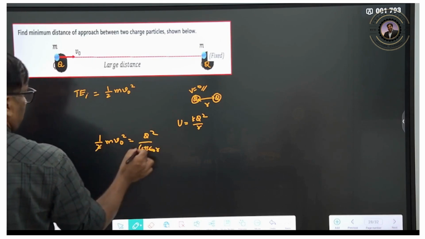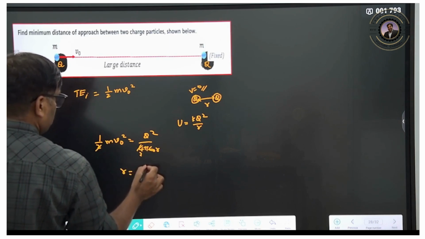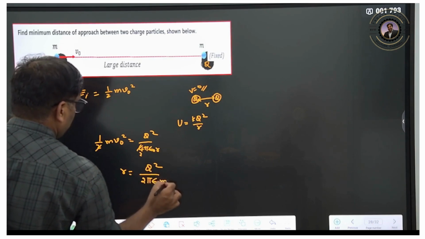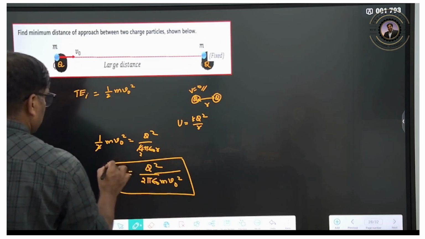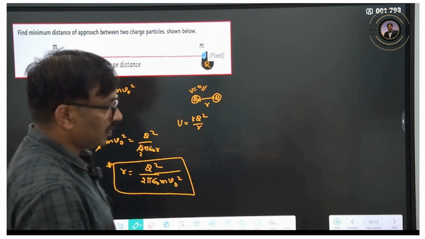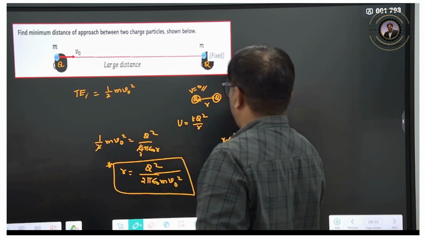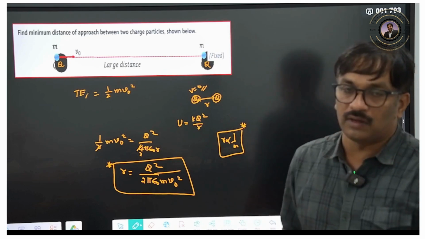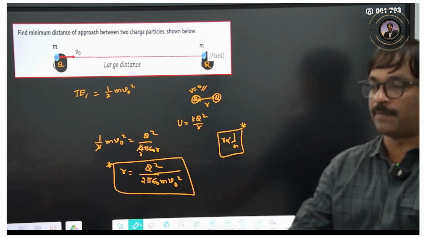So r equals q² by 2 pi epsilon naught into m into v naught square. This is your closest distance. Clear? And the closest distance is inversely proportional to the mass. This is one of your NEET questions, the closest distance of approach, which is inversely proportional to the mass. Clear?